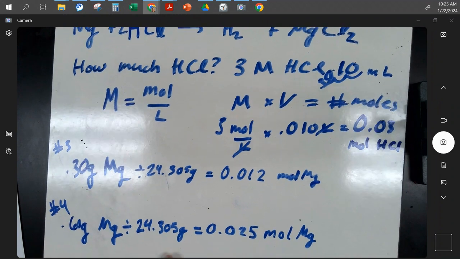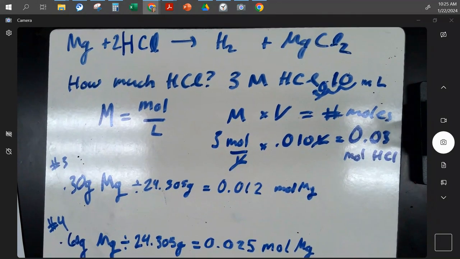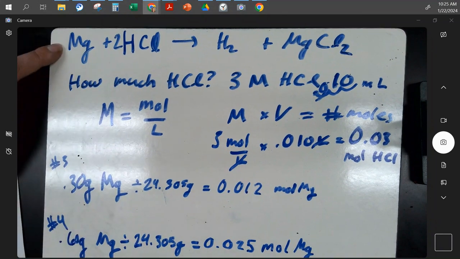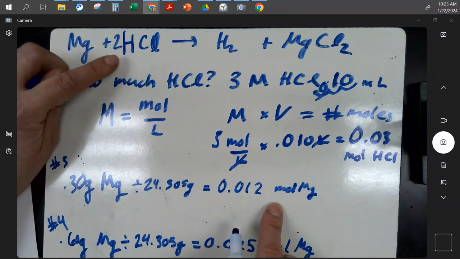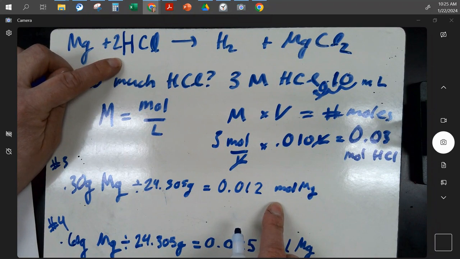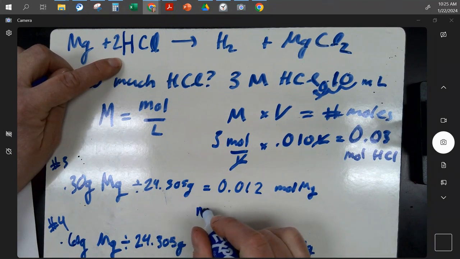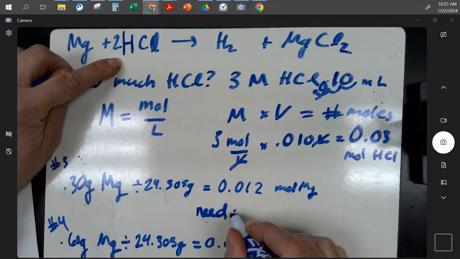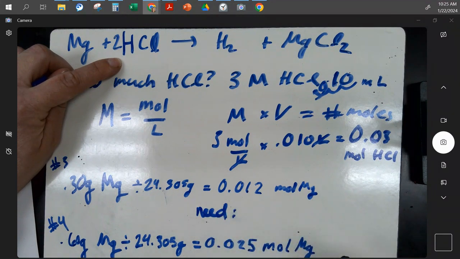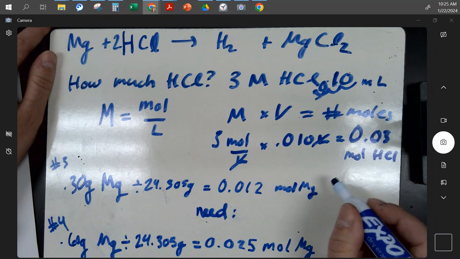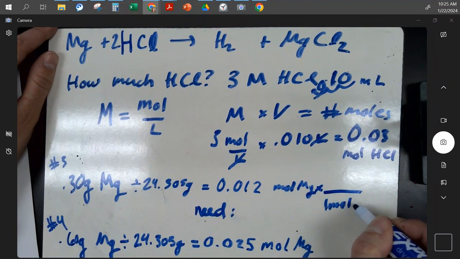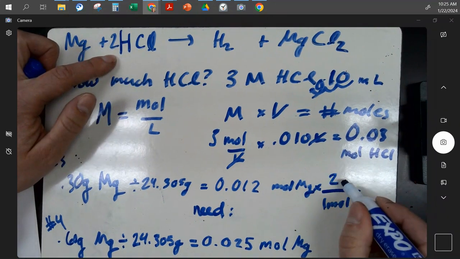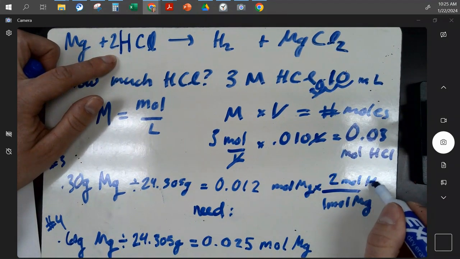Okay, so from this, we need to look at our equation. If we use 0.012 moles of magnesium, how many moles of hydrochloric acid do we need to use up all of the magnesium? We just need double that, right? Or we could set it up: for 1 mole of magnesium, we need 2 moles of hydrochloric acid.